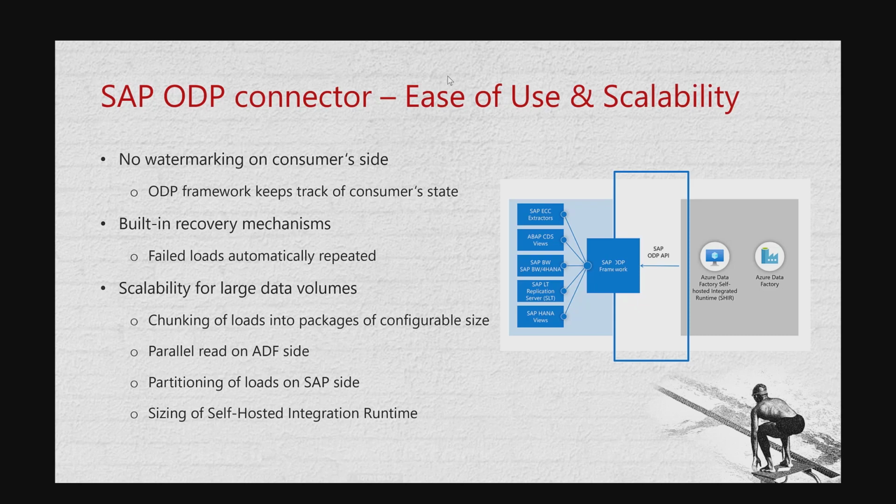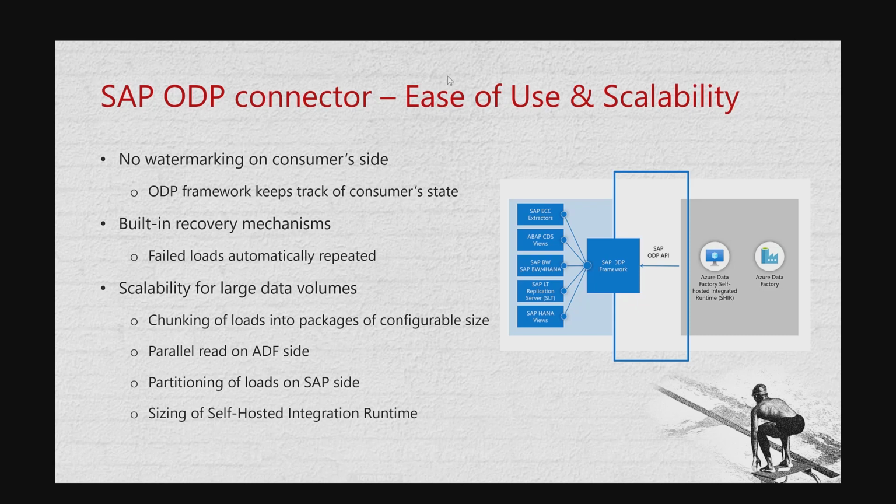When ADF calls into ODP, it provides unique identifiers, so that different subscribers of the same source object can be distinguished. Basically, when you call multiple times, the ODP framework knows your current state and knows what delta you have to get, whether you have to get an initial snapshot on the first request, or if you have to get subsequent delta and what exact portion of delta you need to get, and it will provide you with the right data.